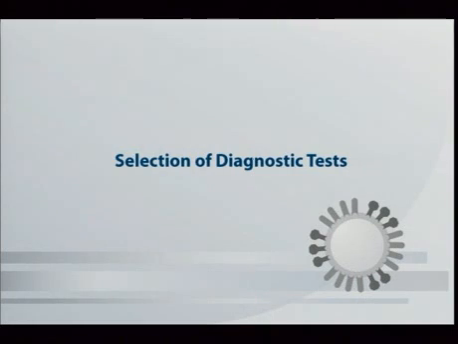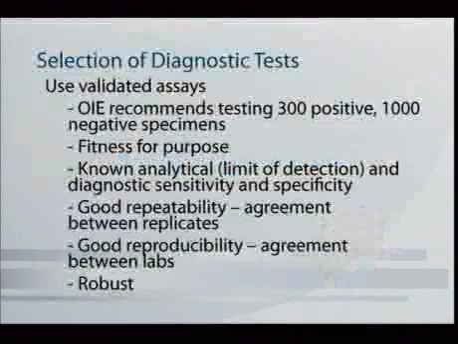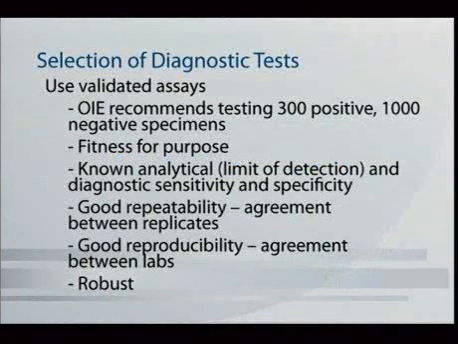Now, it doesn't matter what test you decide to ultimately use, it's important to know that the test you are going to use has been properly validated. And it should be properly validated for its intended purpose, or in other words, it should have fitness for purpose. For example, serologic tests, such as an AGID test that is shown to be pretty reliable in gallinaceous birds, such as chickens and turkeys, may not work very well in ducks, and it's not known to be a reliable test.